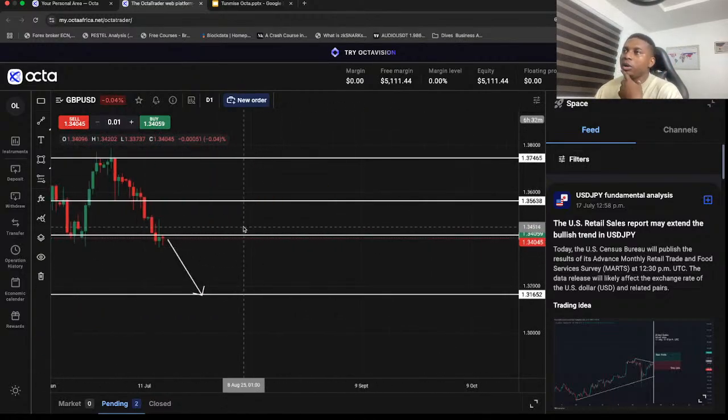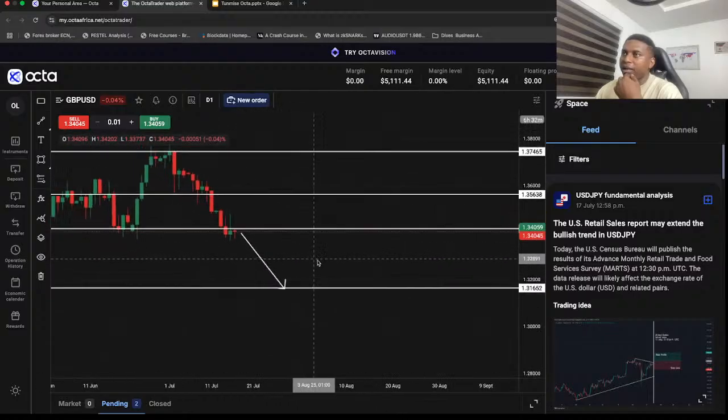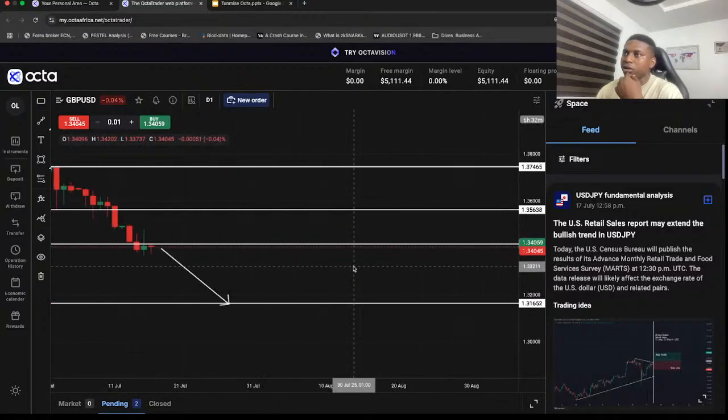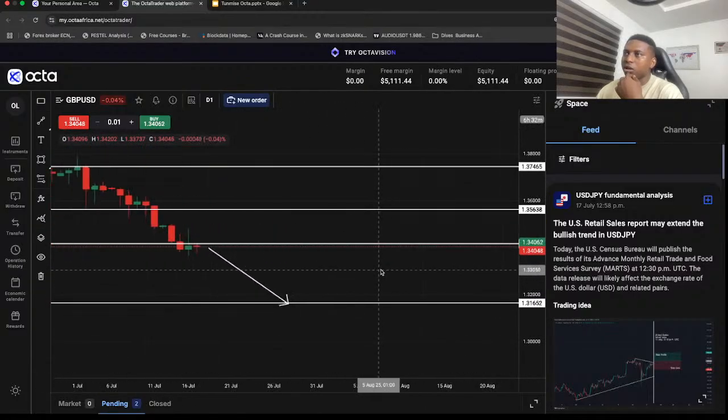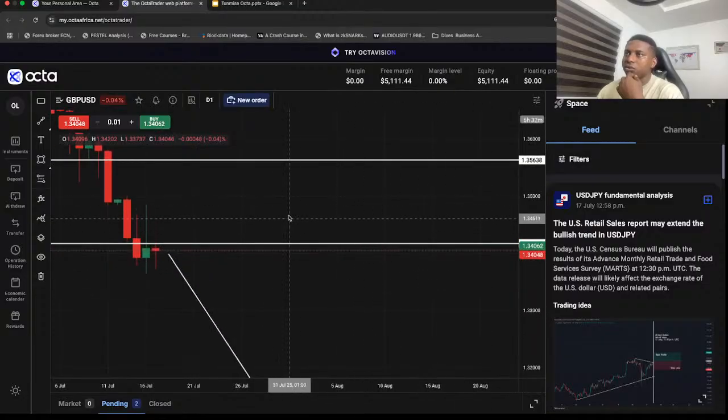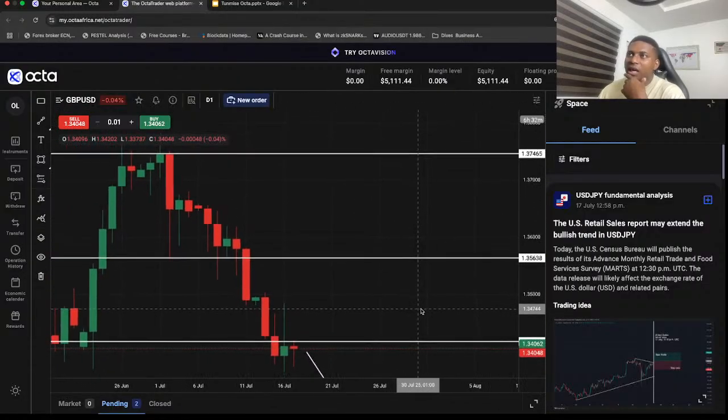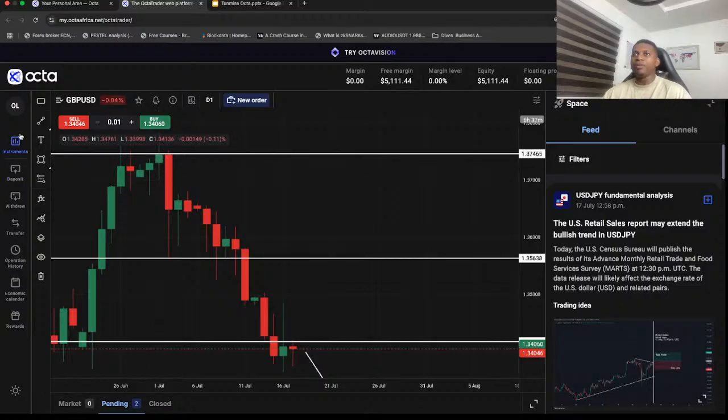Why did I say so? Let's take a look. Let's zoom in into the candles. Now you can see how the fall has been from this side. There has been a serious fall in price. Now observe the level of support.